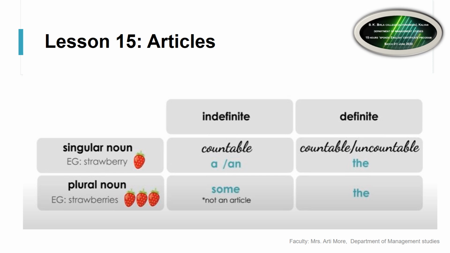But if I am using the plural form of that noun, strawberries, then I can use some if I am not being specific. For example, I would like some strawberries, please. Or I can use the definite article with my plural form. Could you please pass me the strawberries?